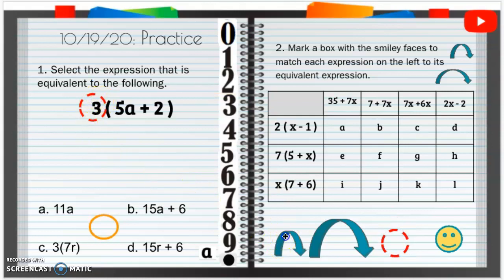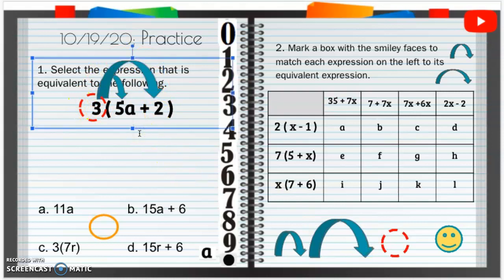All right, here we go. We are going to take the first arrow, which goes from the 3 to the 5 times a, to the 5a. Then I'm going to take the next arrow and have the 3 times 2. So I'm going to type this.